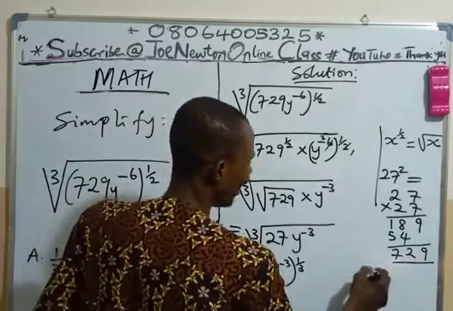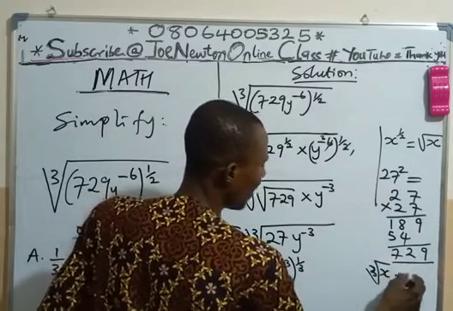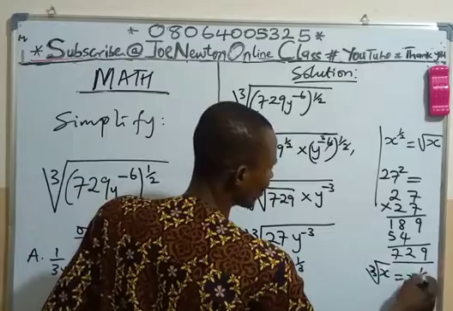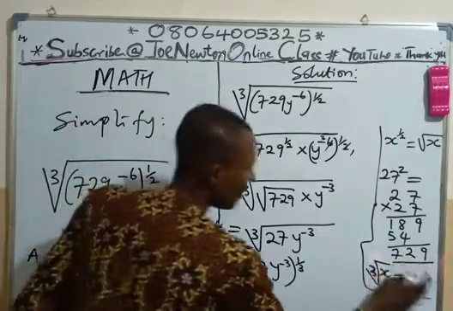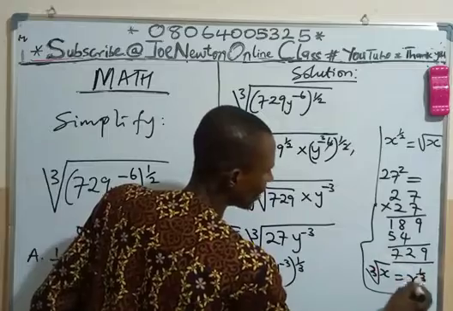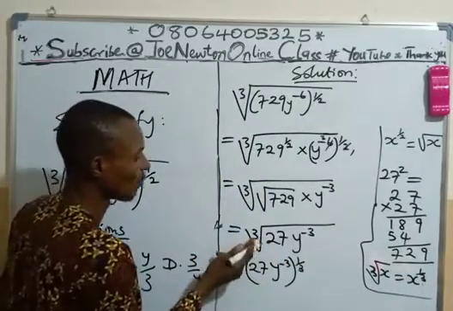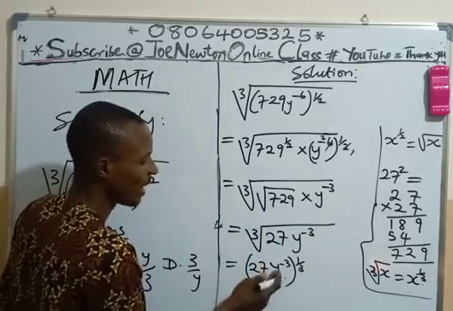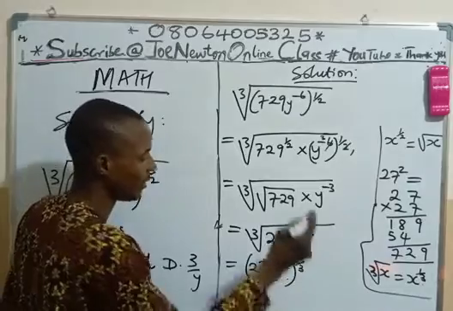Because mathematically, if you have cube root of x, it simply means x raised to power 1 over 3. So applying it here, this will transform into 27y power minus 3 all to power 1 over 3.